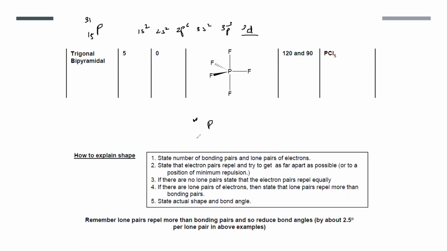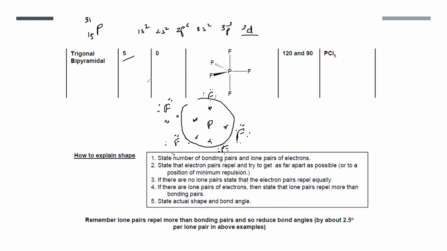So phosphorus belongs to group 5, and as it belongs to group 5, it should share 3 electrons. But because there is an empty d orbital in phosphorus, it can adjust more than 8 electrons in the outermost shell, so the number of bond pairs on phosphorus will increase.